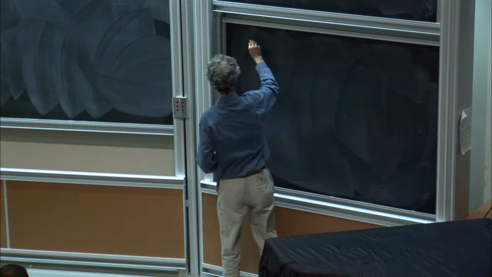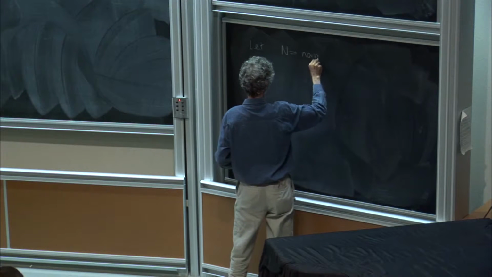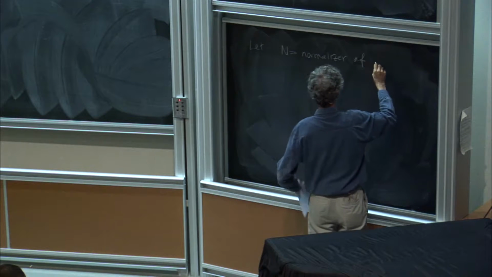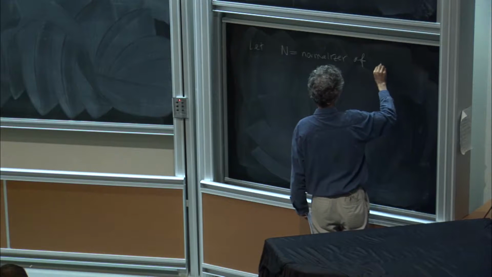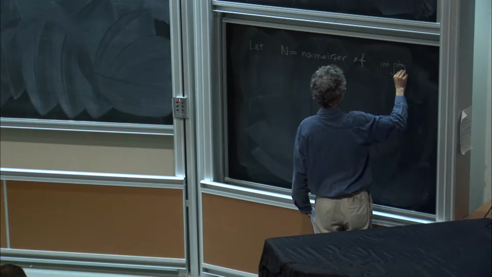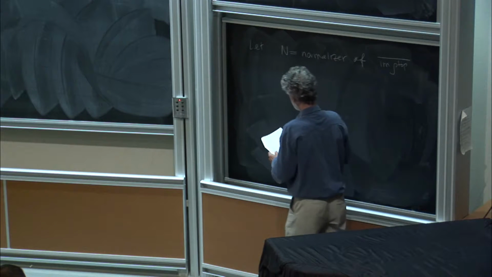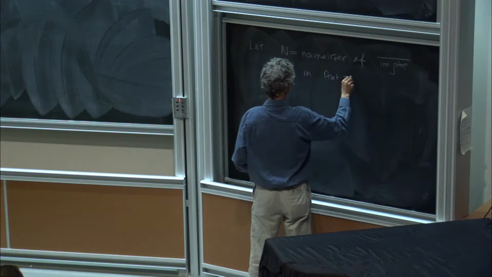Okay, so let N be equal to the normalizer of the geometric stuff, the closure of the geometric automorphisms in Aut pi et al.